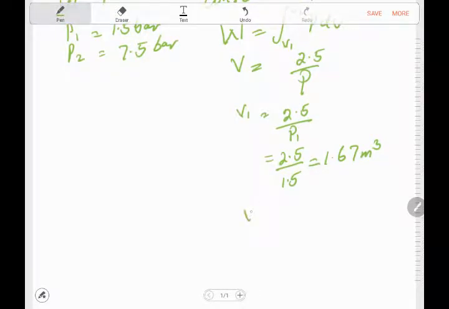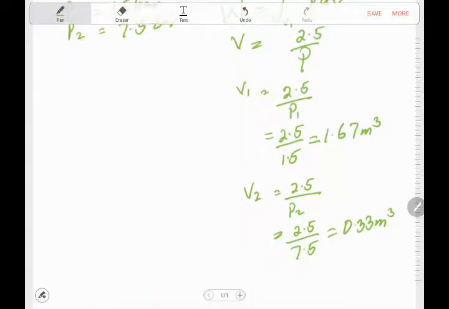Then our V2 will be 2.5 over P2, which is 2.5 over 7.5, and that gives us 0.33 meter cube. So now we know V1, and we know V2.